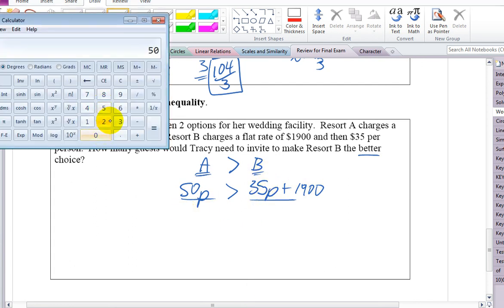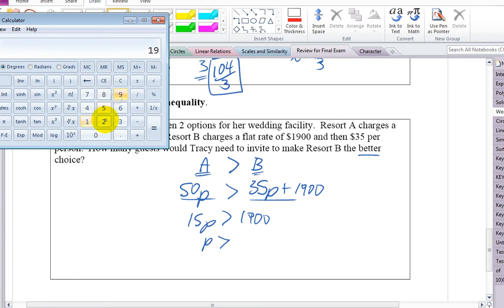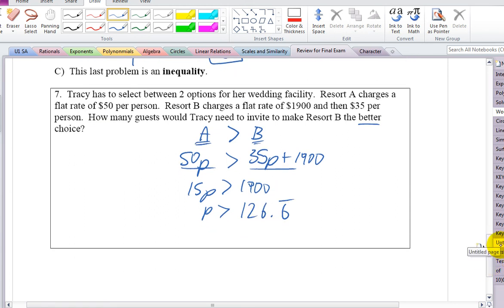We get 15p is greater than 1900, so p is greater than 126.6 repeating. So what's the answer? After 126 people, Resort B.